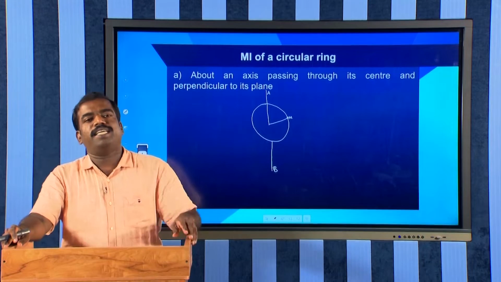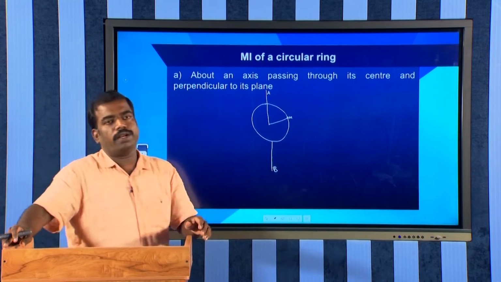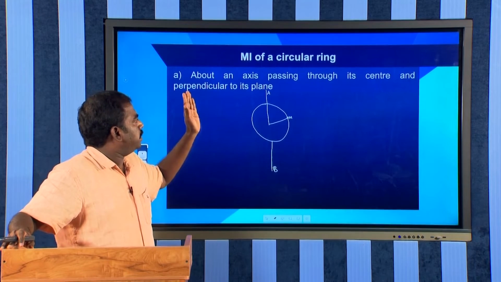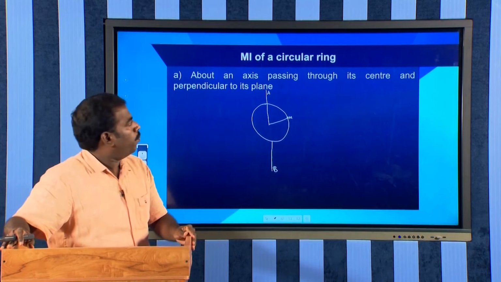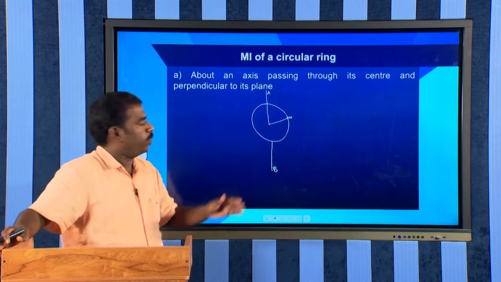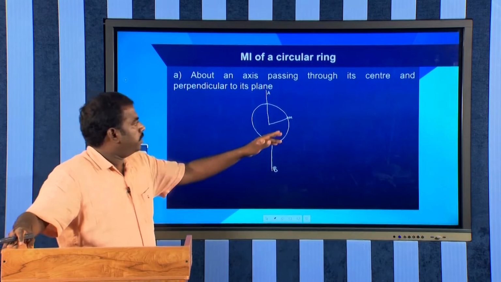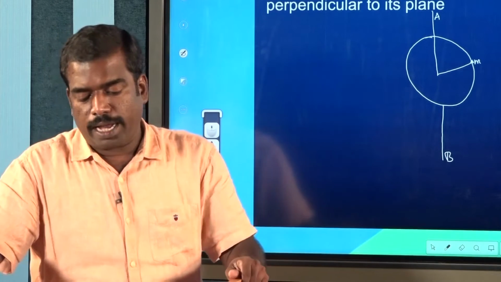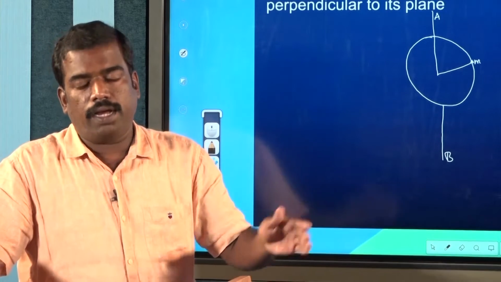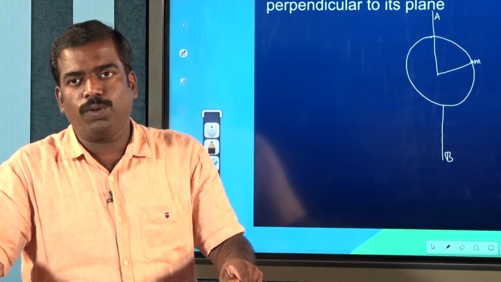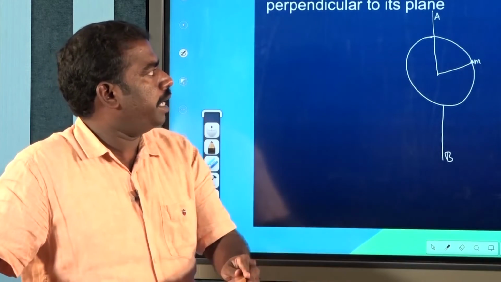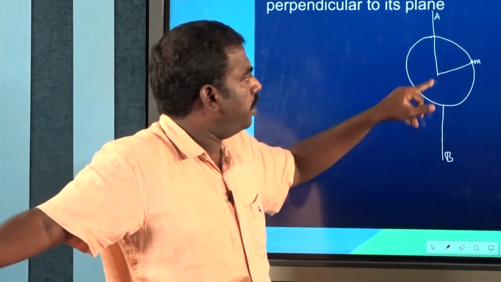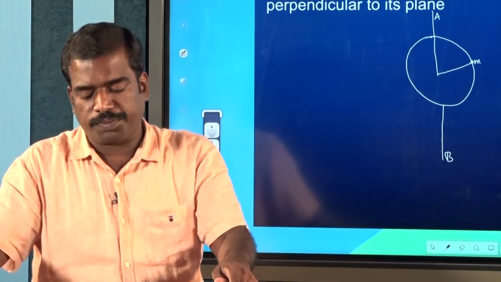Next, we can discuss the moment of inertia of a circular ring. Here also we are considering an axis passing through its center and perpendicular to its plane. We consider a circular ring of mass capital M and radius r. We need to find the moment of inertia of the circular ring about AB, an axis passing through its center and perpendicular to its plane.